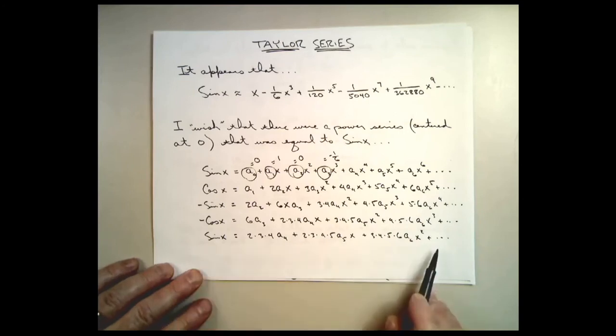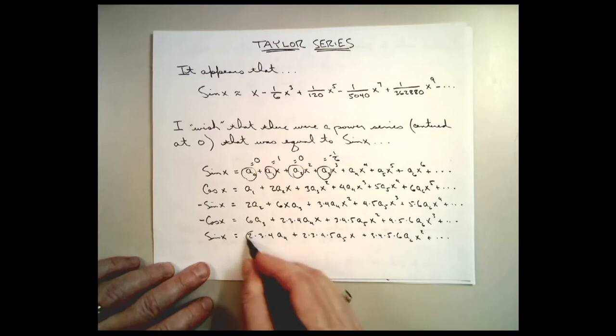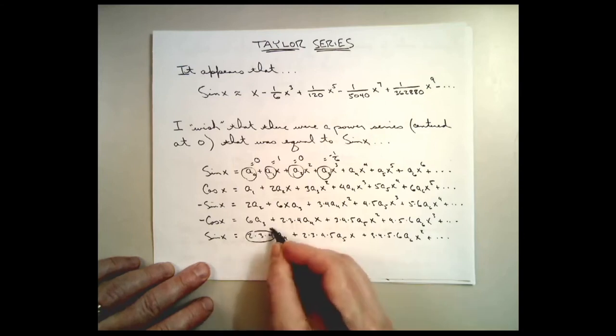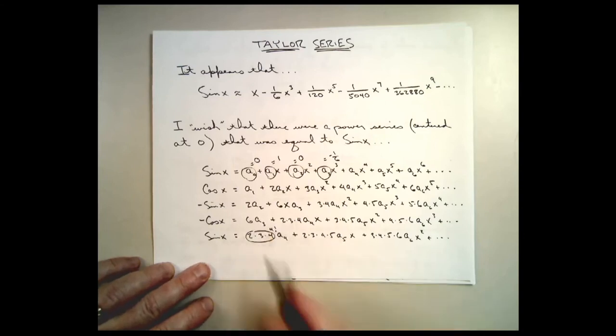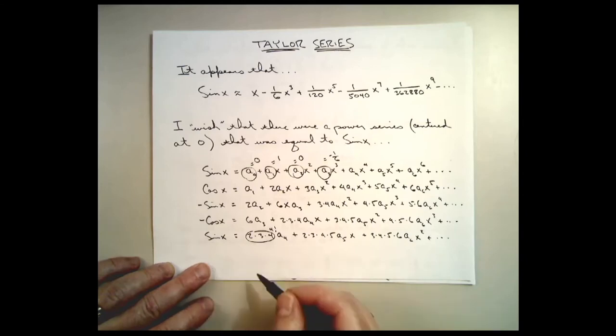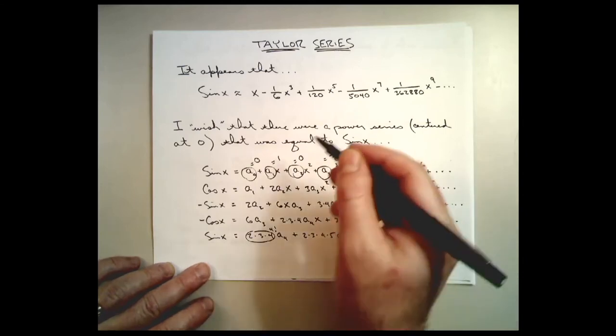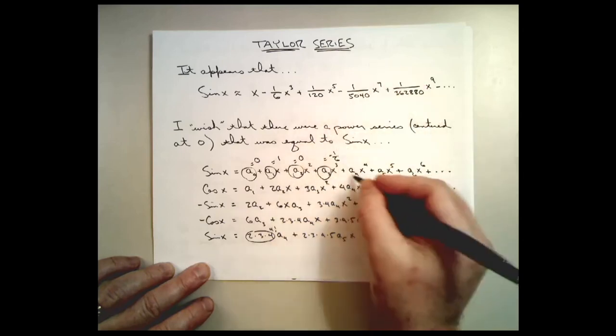Well, 2 times 3 times 4 is 4 factorial. So 4 factorial times a4 is 0. So a4 must be 0 divided by 4 factorial. Well, 0 divided by any non-zero number is 0. So a4 is 0.